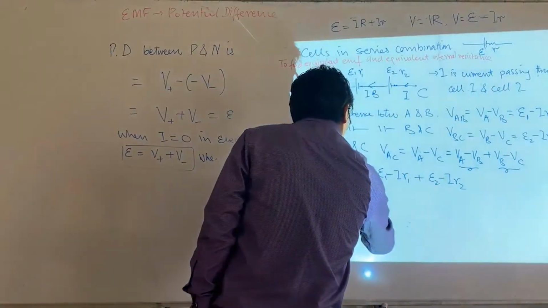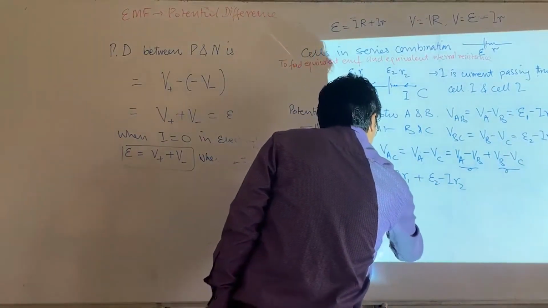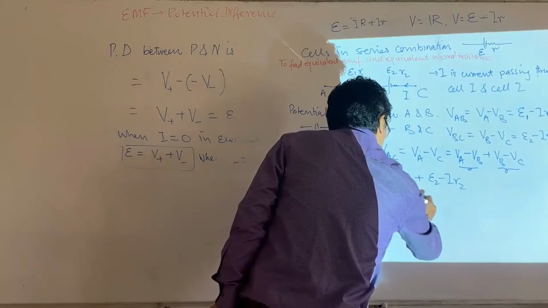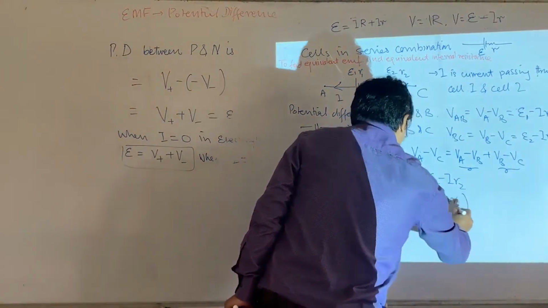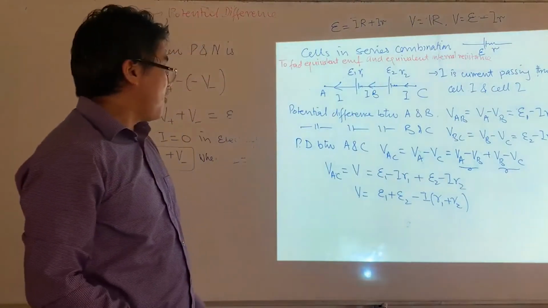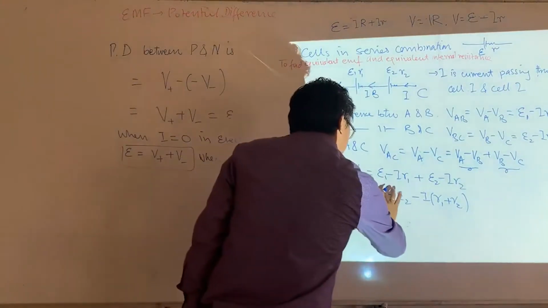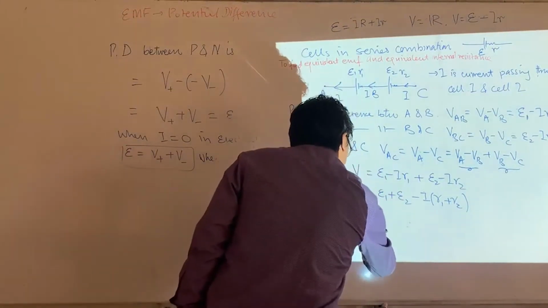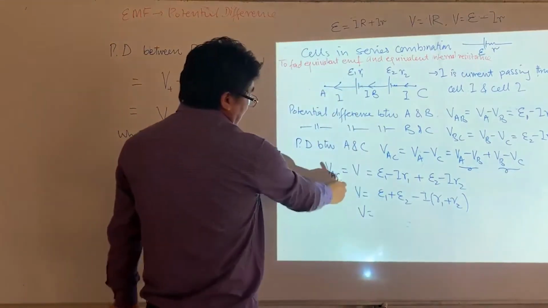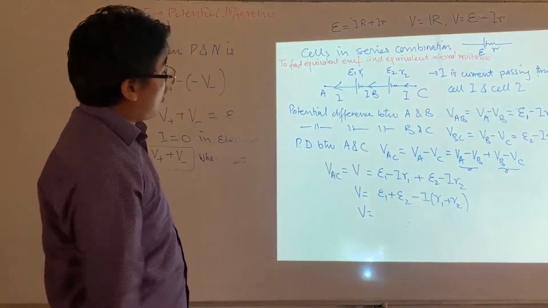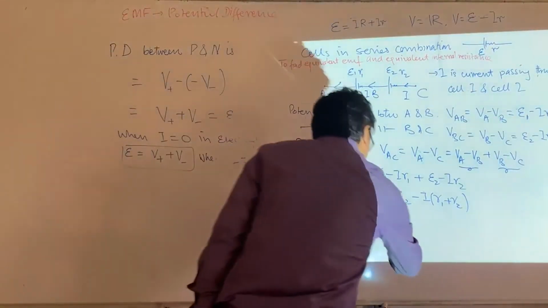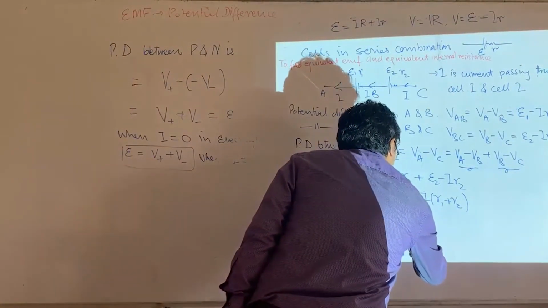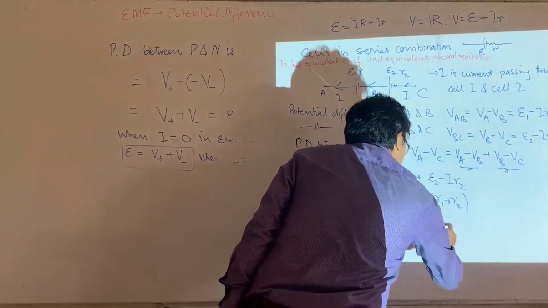So V is going to be EMF 1 plus EMF 2 minus I times (r1 plus r2). Look at here: this is the potential across A and C for the two cells combined. This is going to be the equivalent EMF minus I times the equivalent internal resistance.